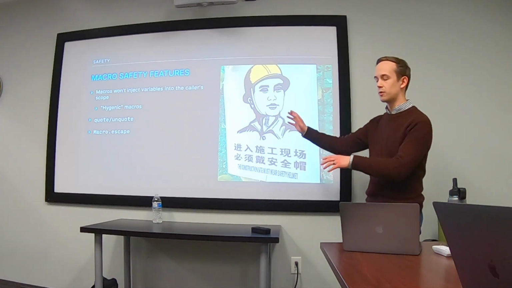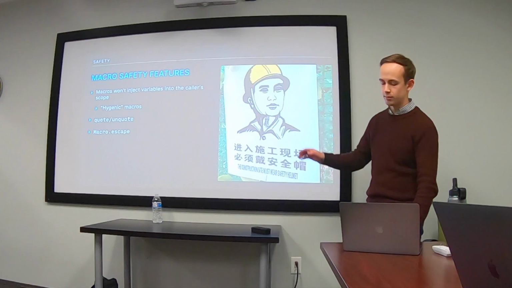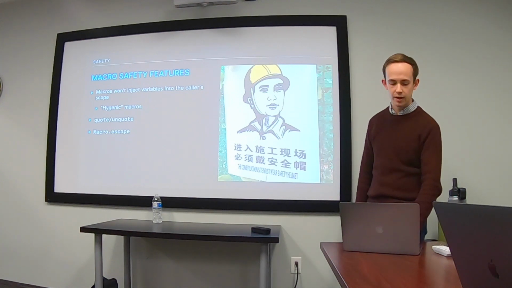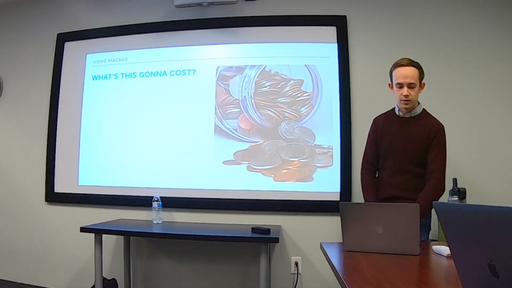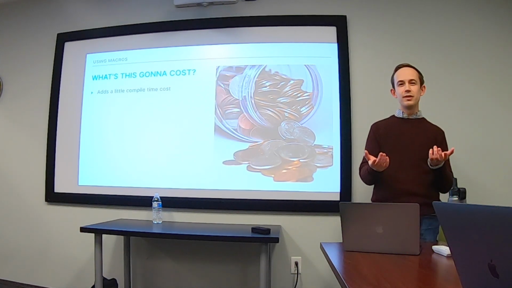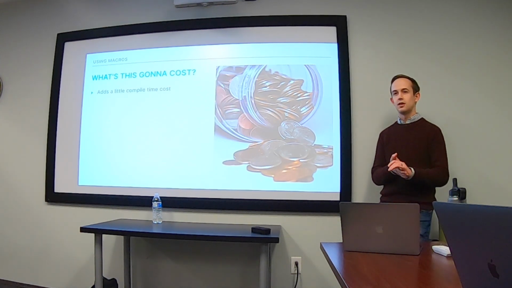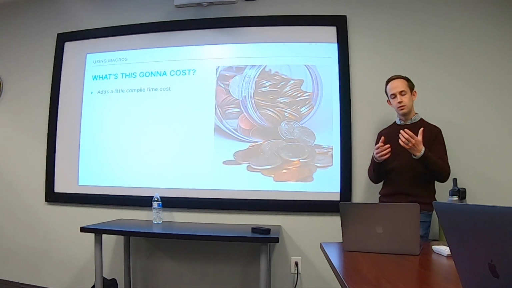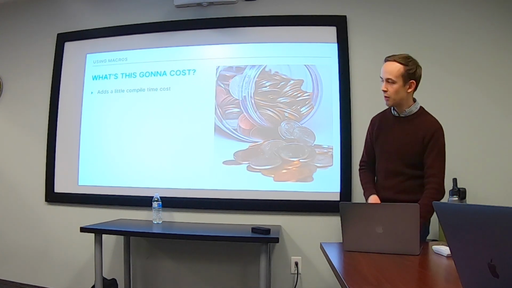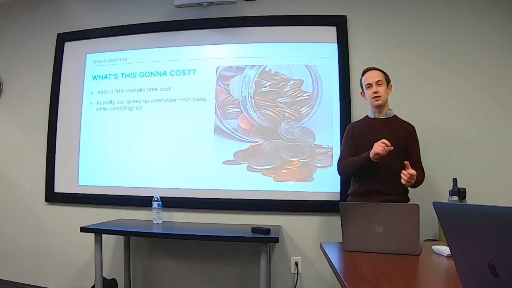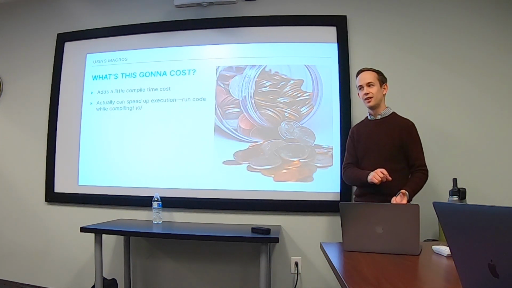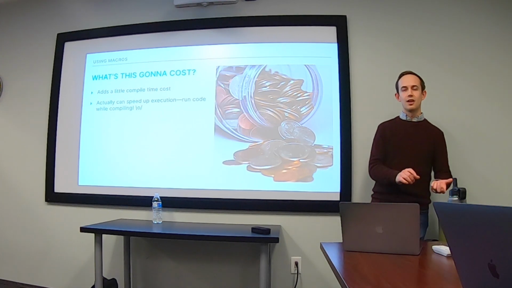There's a whole bunch in the macro namespace, so the Macro module. Go check it out. But briefly, what do macros cost? Well, there is a little bit of compile time cost. That expansion does cost us something. However, we can actually leverage that to do less computation at runtime.